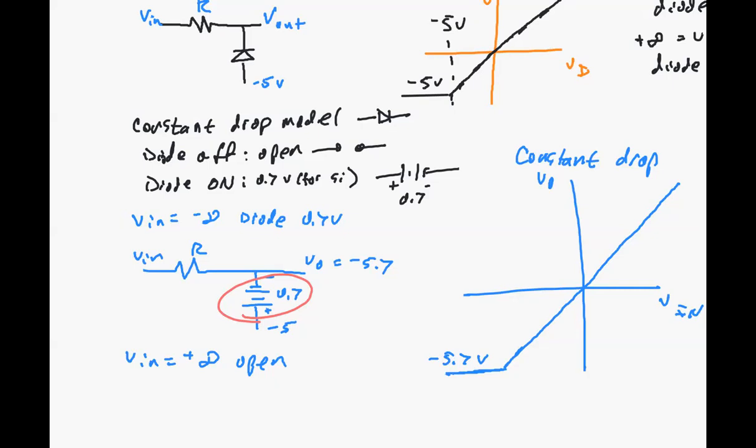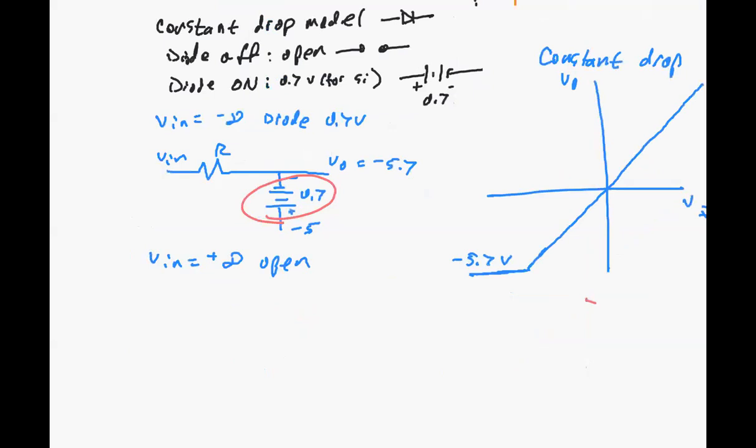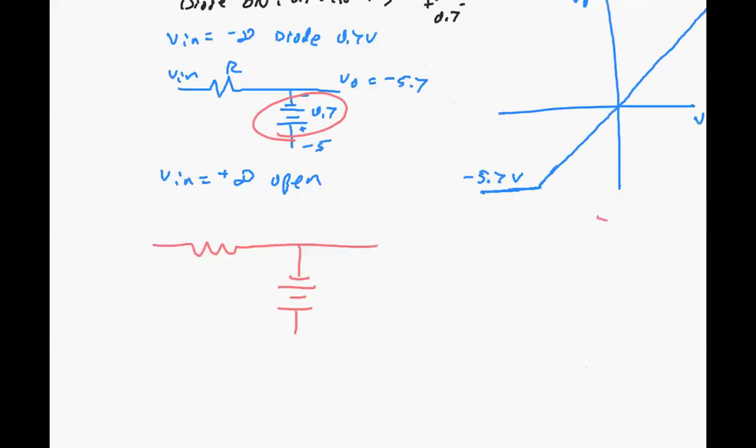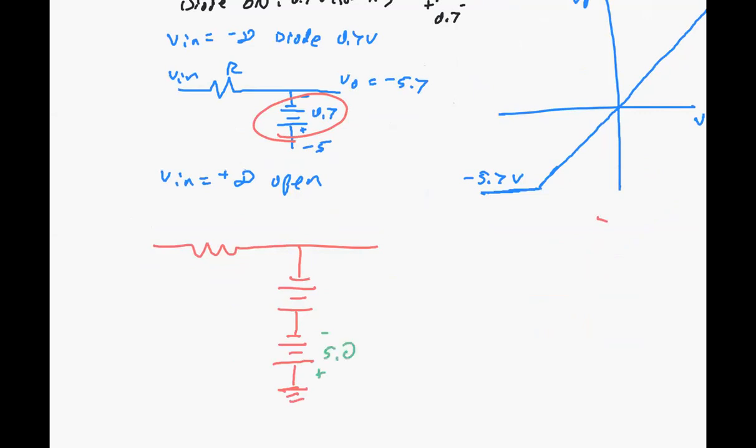If it helps you, draw it a little more fully like this. Then we have minus 5 volts going this way too, so we get minus 5.0 minus 0.7, and you can see clearly that we've dropped down to minus 5.7 in that case.